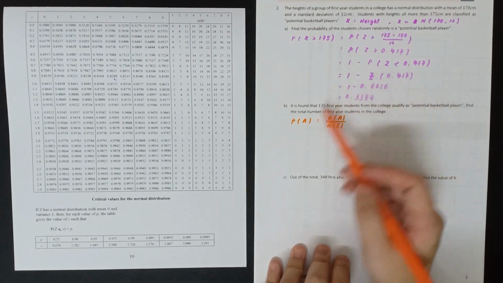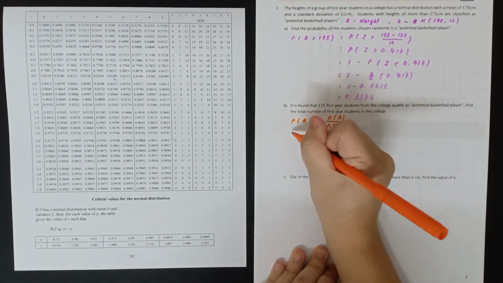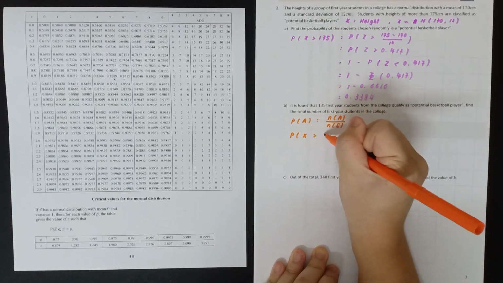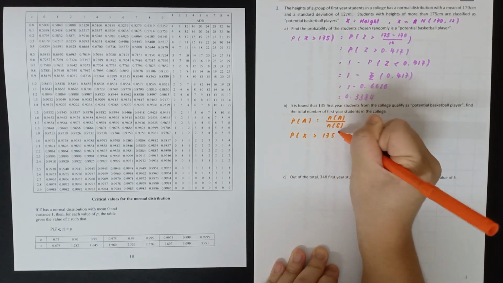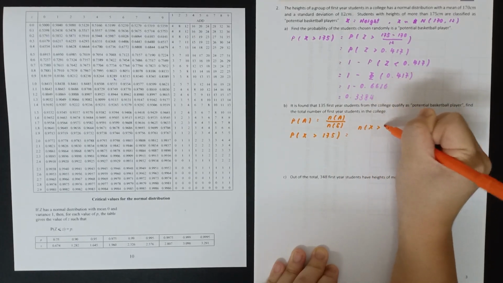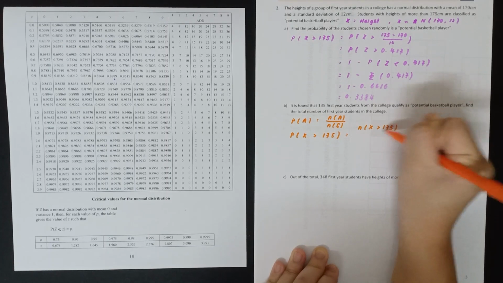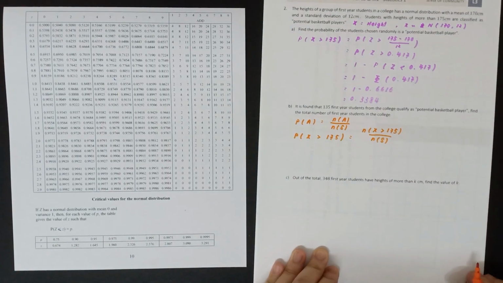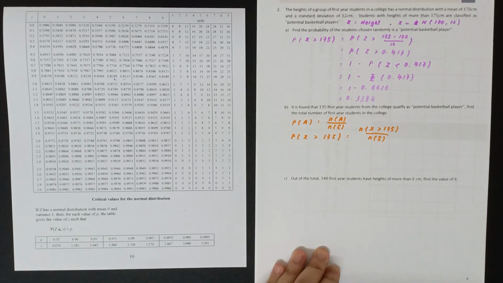So you already have the probability for the height of the students more than 175. Now you are also given the number of students with a height more than 175. Then you divide it by the total number that you have. So the total number is what you want to find here.